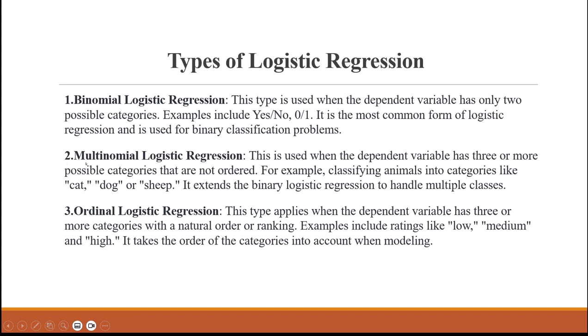The second one is multinomial logistic regression, where we have more than two categories, like, for example, cat, dog, or sheep, and we want to use logistic regression to handle multiple classes. The third one is ordinal logistic regression, which applies when the target variable has three or more categories, but with a natural order or ranking, such as low, medium, or high.